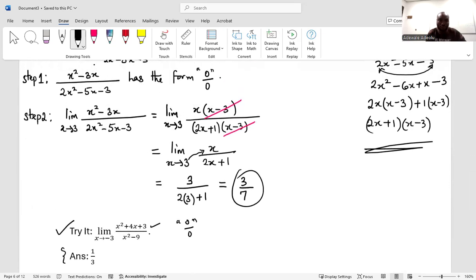And please note how I work here. I took the function here and said it has this form. Then I said the limit of that function as x goes to 3 is the same as the limit of an identical function, which I obtained by factorizing the denominator and canceling out.